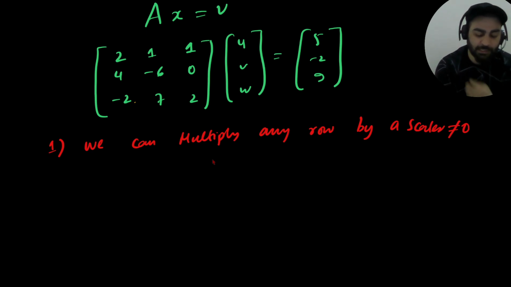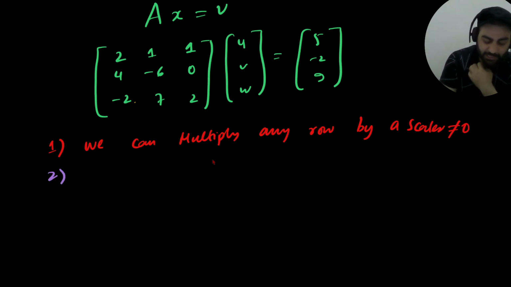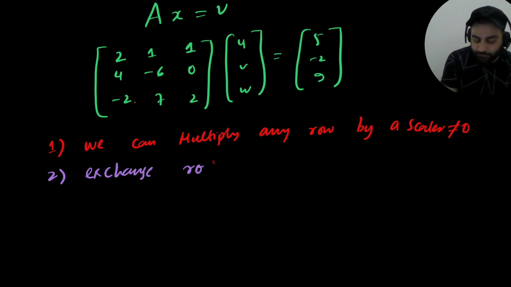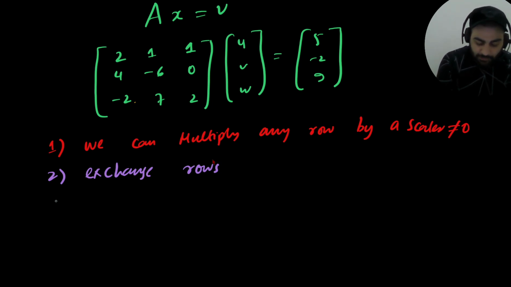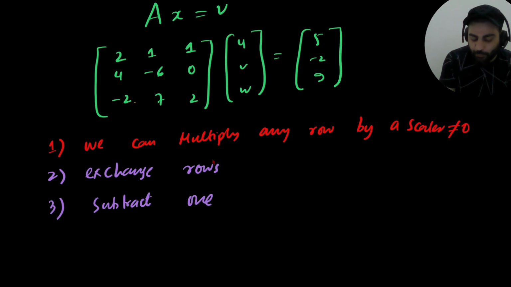These are the allowed things in Gaussian elimination. The second thing is you can exchange rows. For example, you can just swap these rows together. The third thing you can do is subtract one row from another row.